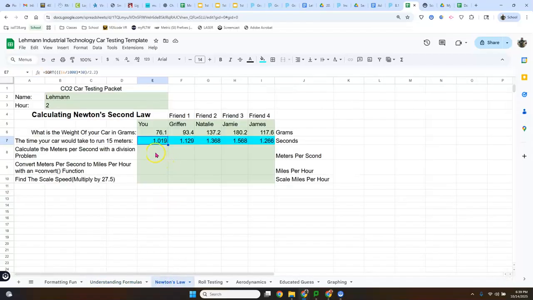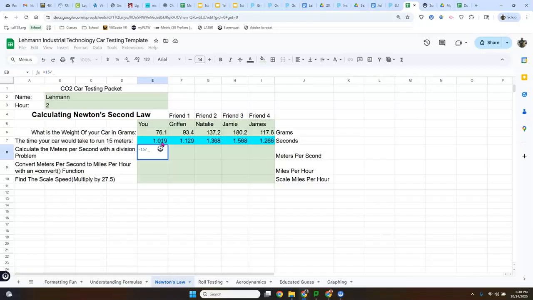We're going to select into the E8 portion, and it says calculate the meters per second with a division problem. So the division problem that we're going to need right here is we're going to need an equals to start us out, because we always start with an equals to do math. Now, with that being said, we're going to take 15, because that's how many meters this is going to be running, and we're going to divide it by the cell above.